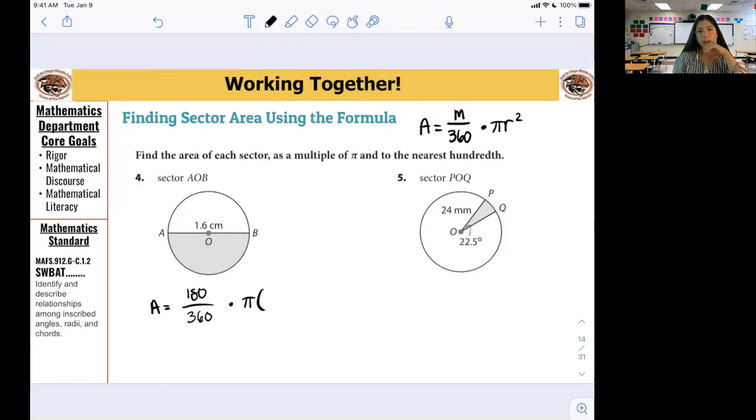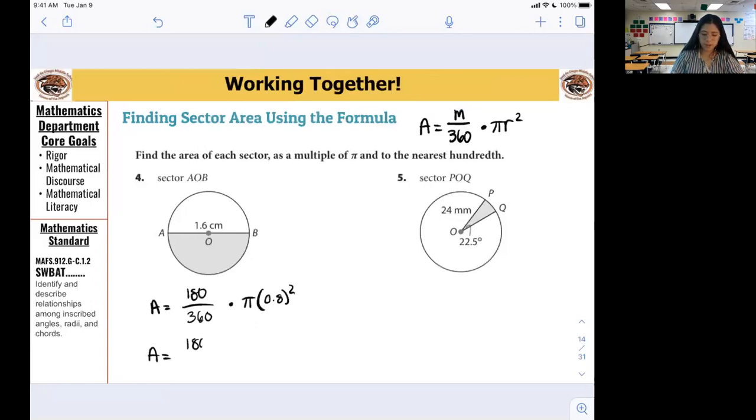What's R? 0.8. Because the whole thing is 1.6. So the radius is 0.8. Exactly. So 0.8 to the power of 2. Oh, 0.8. I put 8. Yeah, there's a decimal there. So what do we get? This is 0.64.